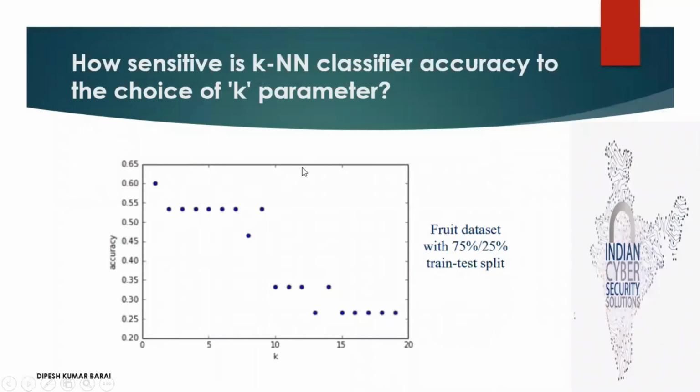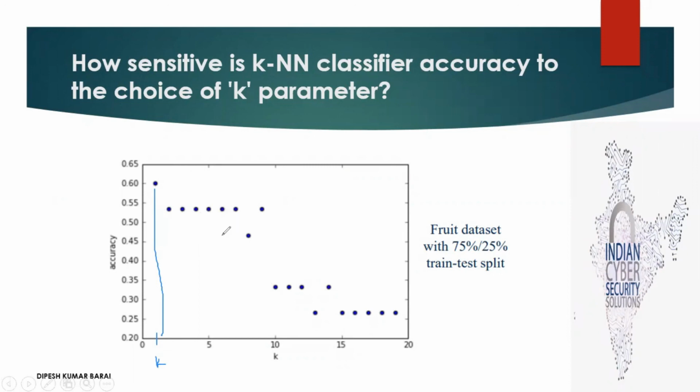Okay, so if you want to know which k value will give you the best accuracy, then you have to plot this graph, and then you can see for which value of k you will get the highest accuracy, because most of the time if you take the k value as 1, there is a chance of overfitting, means there is a high variance in the data set.